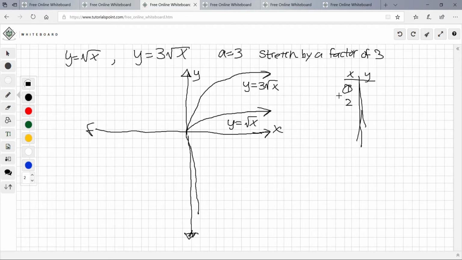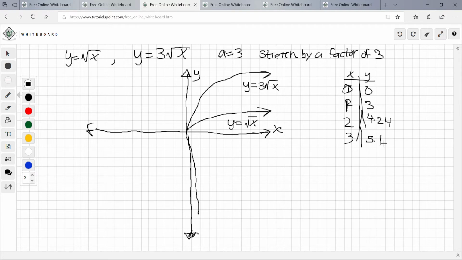Actually I'll use 0, 1, 2, and 3. So 0 gives 0. If you plug in 1, square root of 1 is 1 times 3, which is 3. And 2 would be about 4.24. And then 3 is 5.2.